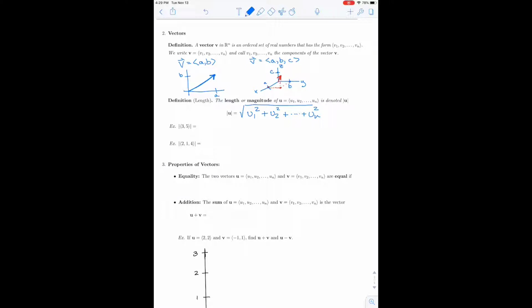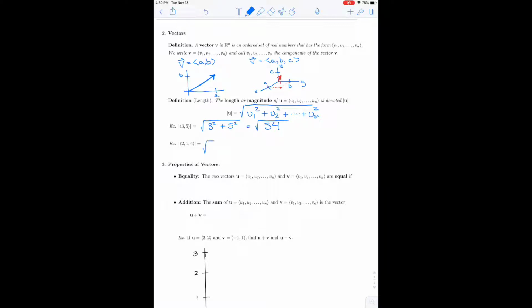Let's do 2 examples. The length of ⟨3, 5⟩ is the distance of the point (3, 5) to the origin. That would be the square root of 3 squared plus 5 squared, which is the square root of 9 plus 25, or the square root of 34.